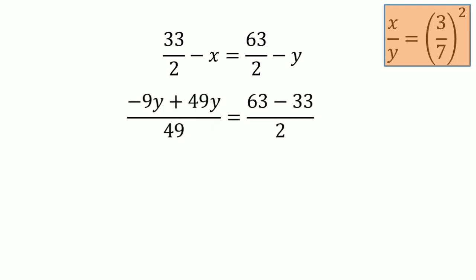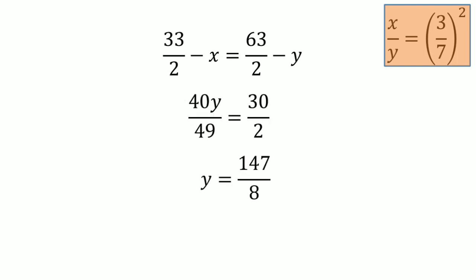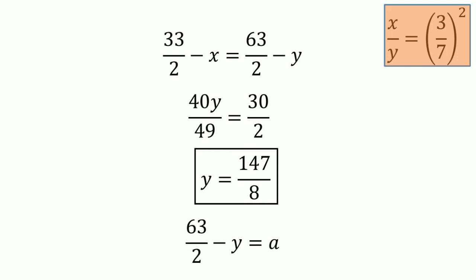So finally we have y is equal to 147 divided by 8. This is the area of the region y, and I hope you remember this equation, which is 63 divided by 2 minus y is equal to A. So first we put the value of y that we found into this equation. Finally we have A is equal to 105 divided by 8.